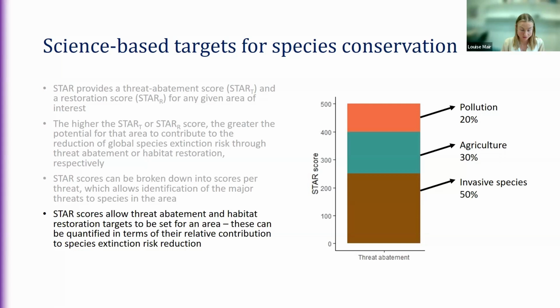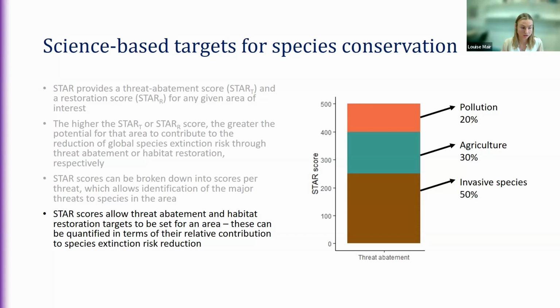You can quantify these targets in terms of their expected contribution to reducing species extinction risk. So at this site, invasive species accounts for 50% of the threat abatement score. And that means, therefore, that if you were to eradicate invasive species at the site, you would expect to see a 50% reduction in species extinction risk at that site.